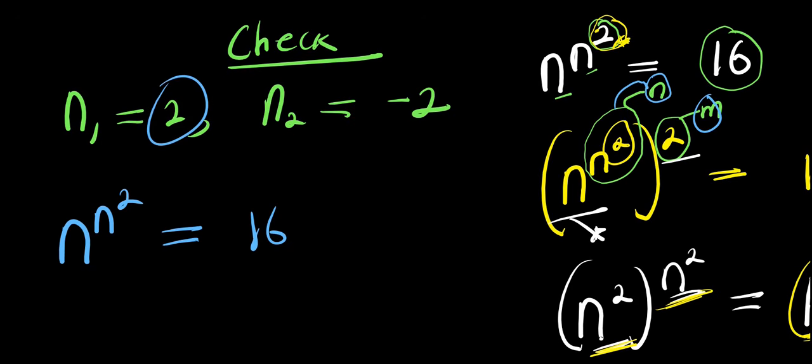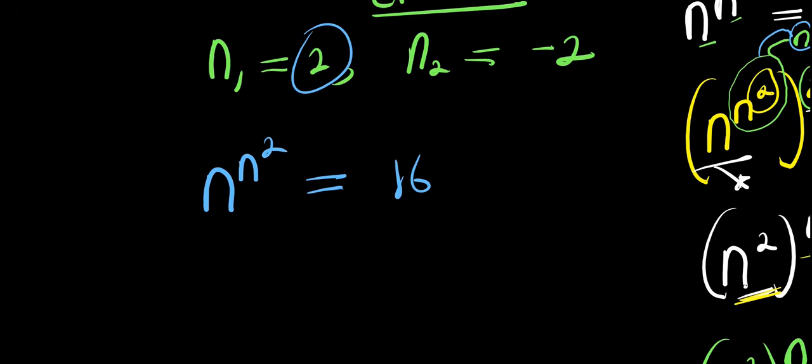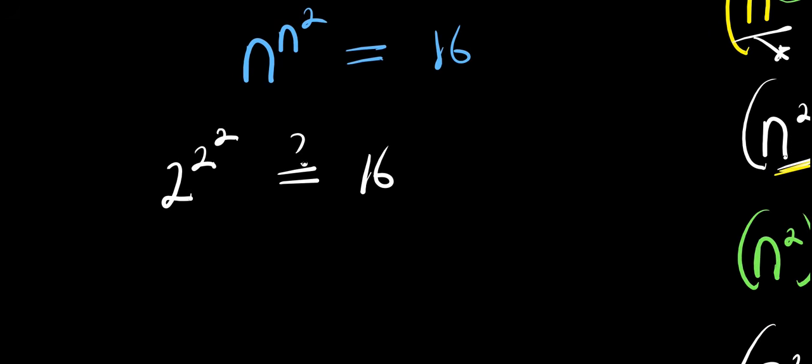We are going to substitute this value for n. So we are simply going to have 2 to the power of 2 to the power of 2. Is this 16? Question mark. Now, if you have a to the power of b to the power of c to the power of d, you need to consider the top two exponents.